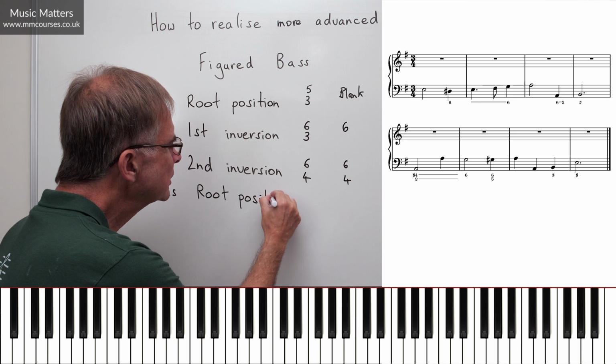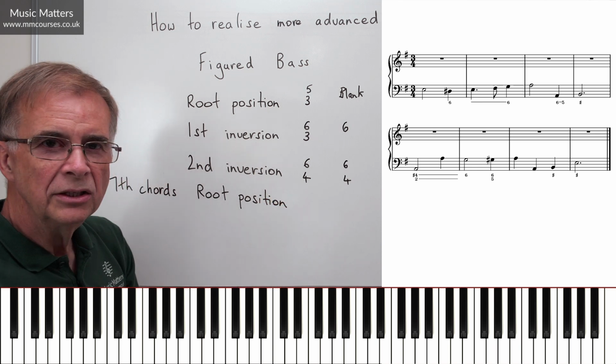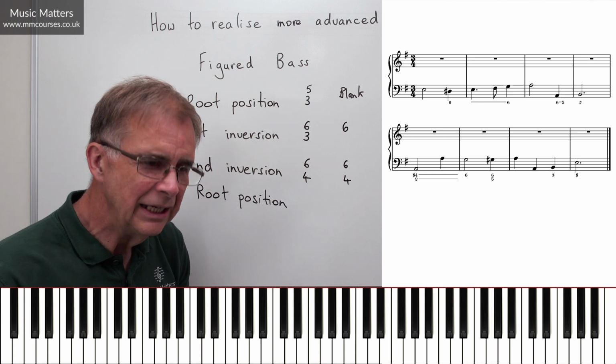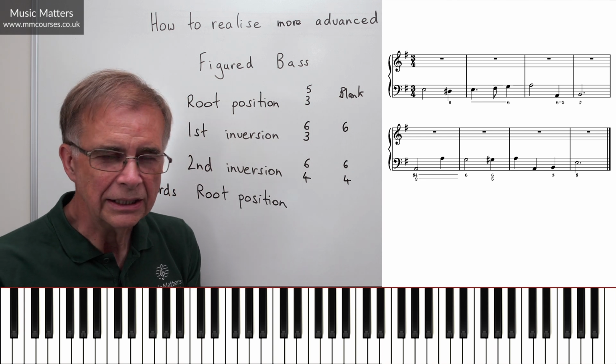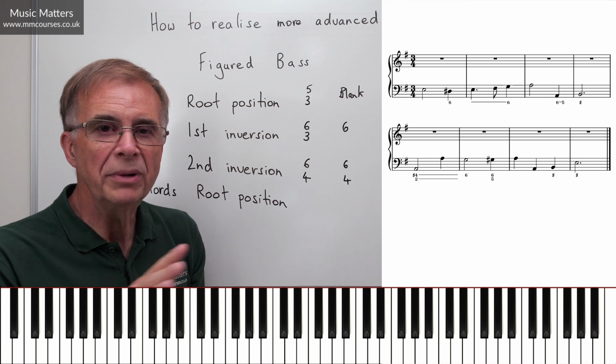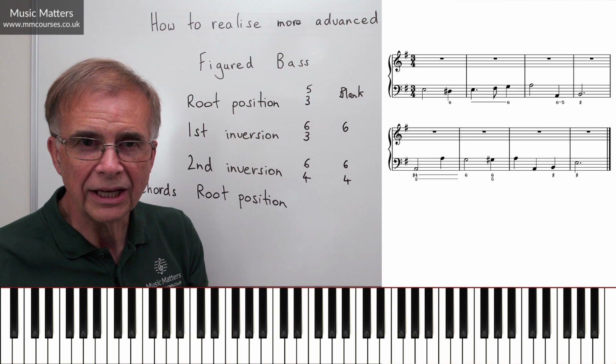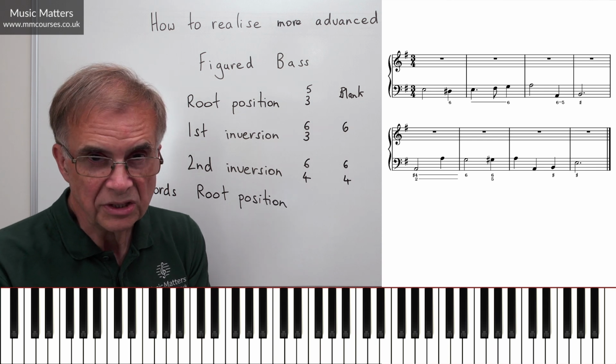So if I've got a seventh chord in root position, what might that look like? We're in the key of E minor, so let me take a dominant seventh. That's the most common seventh chord that you're going to have in Baroque music, certainly.